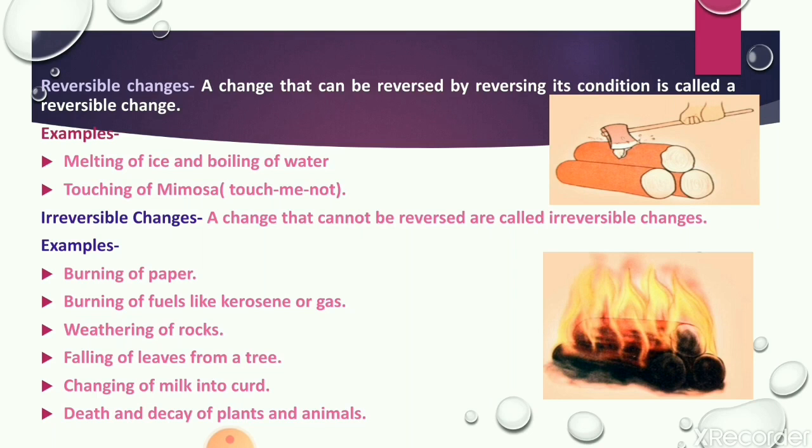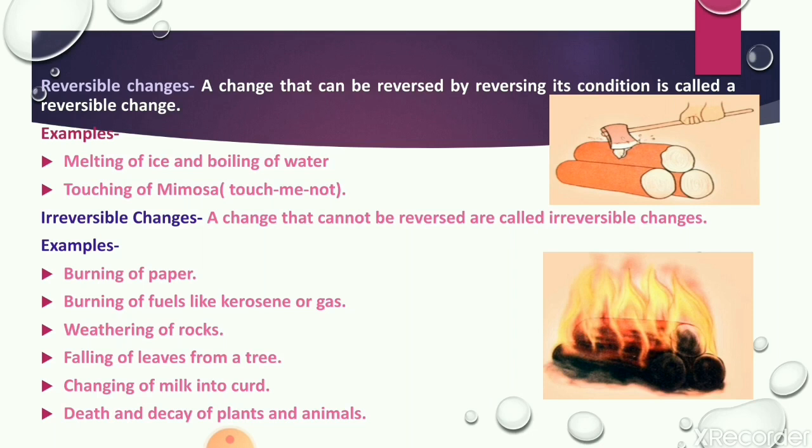Then irreversible changes are changes that cannot be reversed, meaning we cannot get back the original substances by reversing the action. Such changes are called irreversible changes, such as burning of paper. When we burn paper, we get ash and smoke.